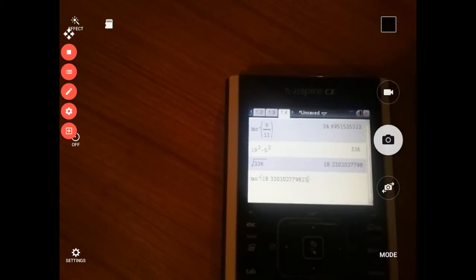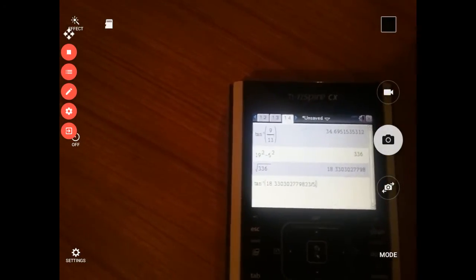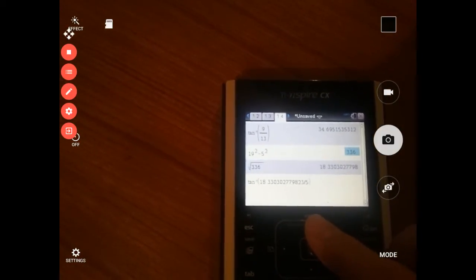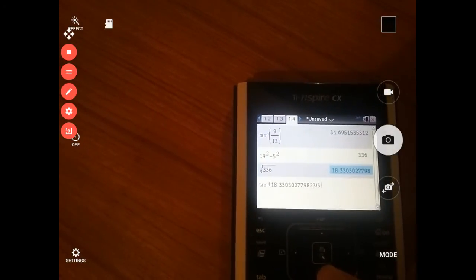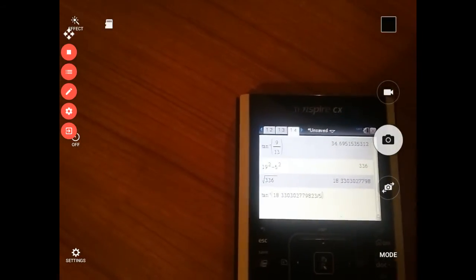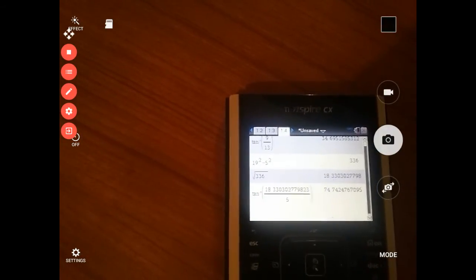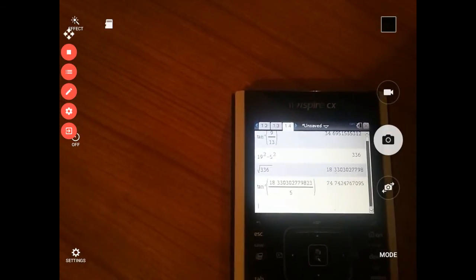See, now I have all those decimals. Then divided by 5. That is a handy trick for this calculator, because I can scroll up and pick out any number that I previously figured out. So now we hit enter, and that is the most accurate that we can make our calculator be.